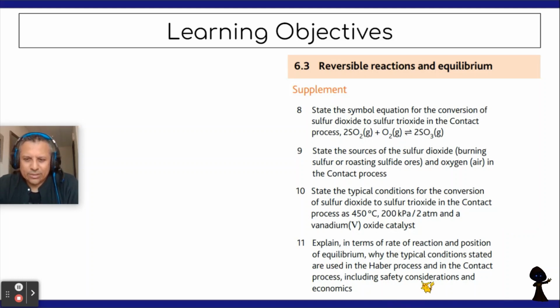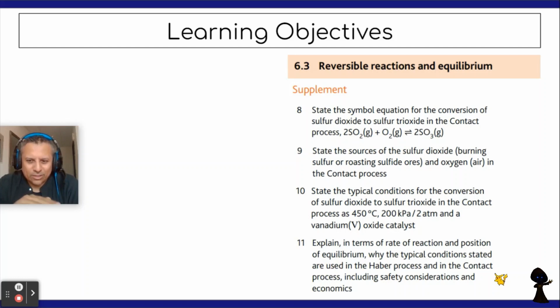It also links to safety considerations. There's no need to go beyond 2 atmospheres because of safety. Larger pressures than 2 atmospheres would require more sturdy pipes and more sturdy tanks. With the contact process, it happens really, really well, so you want to try and dumb it down, so to speak.